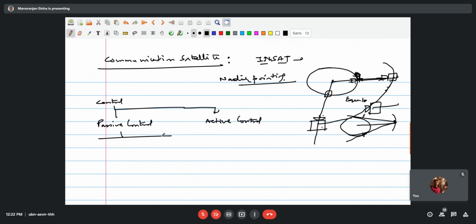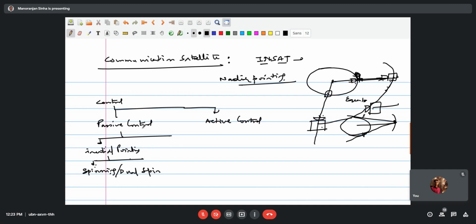In the passive control, it may be, for example, for inertial pointing. In this case, you have a spinning satellite, like dual spin, meaning one portion is spinning and another portion is not spinning.